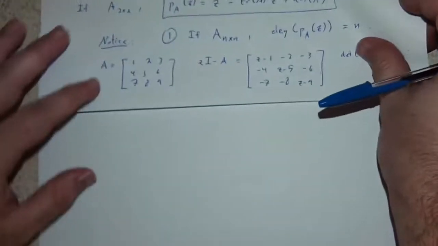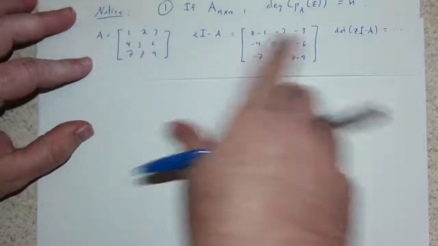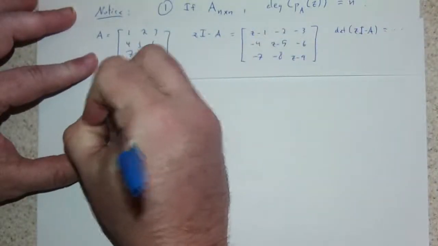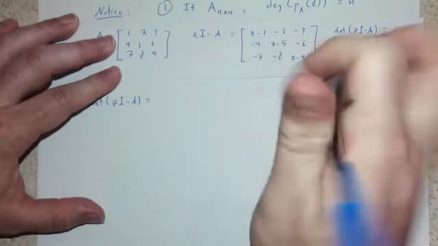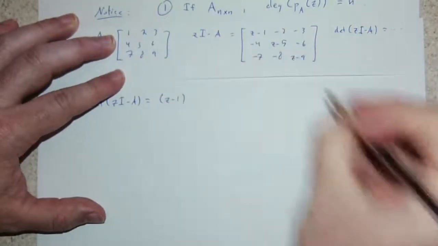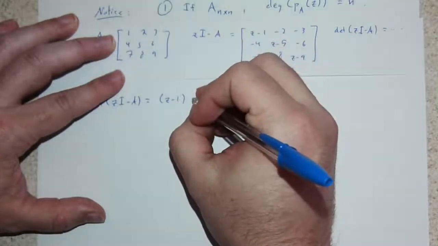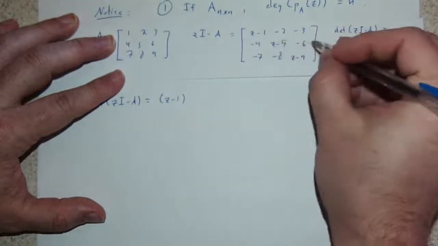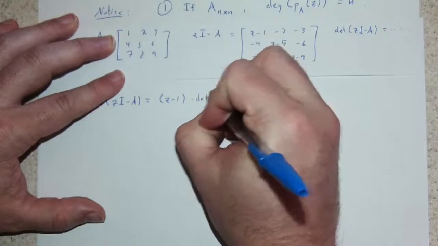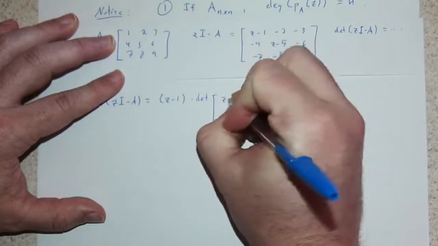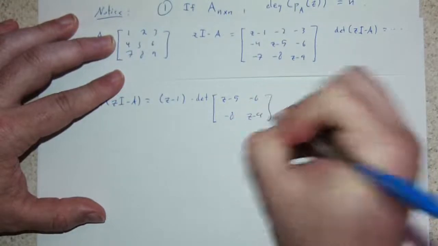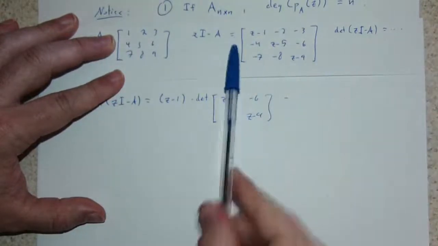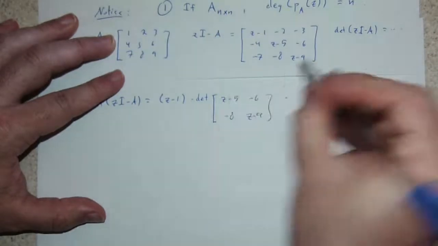So here's zI minus A. The determinant of zI minus A would be z minus 1, times the determinant of this smaller matrix, z minus 5, minus 6, minus 8, z minus 9, minus, because that's how determinant works, it's an alternating sum, minus 2.